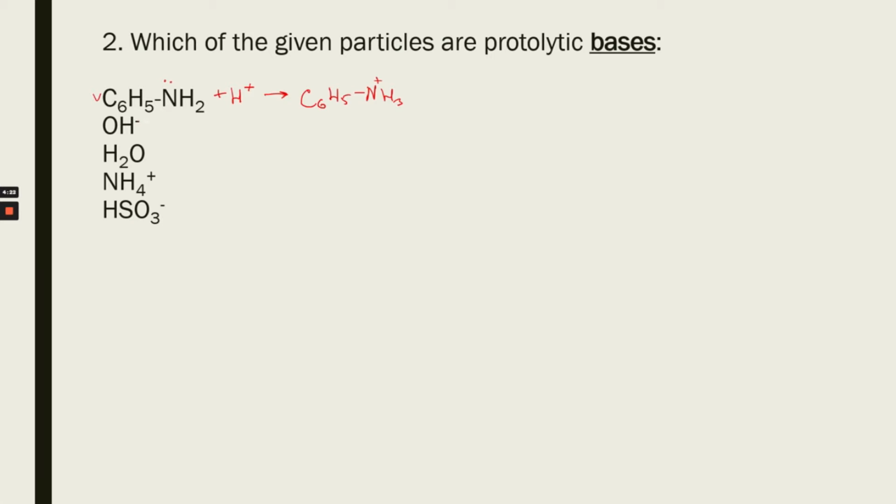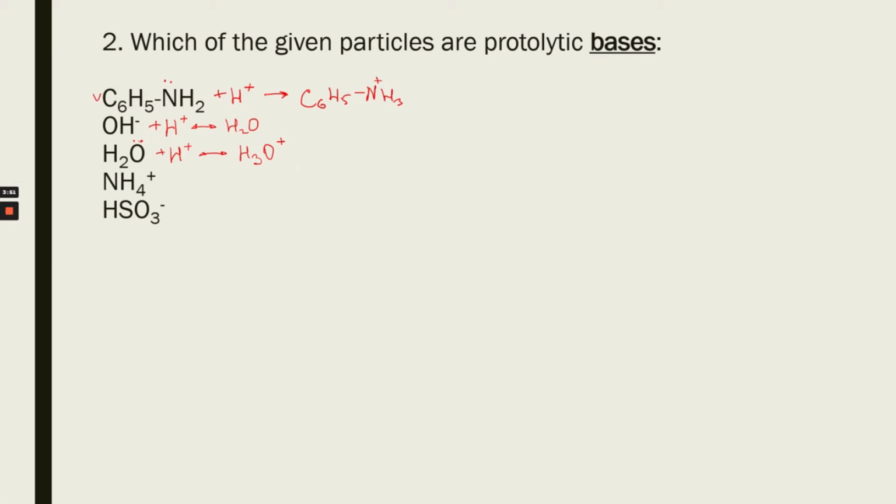OH hydroxide ion, of course, is a protolytic base, plus H plus, and it forms water. Water itself can also accept a proton, because oxygen also has an electronic pair. So it will form the substance called hydronium ion, H3O plus.